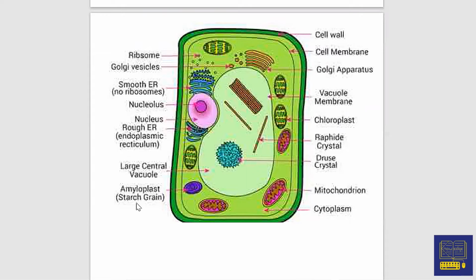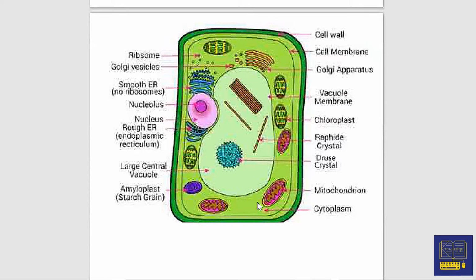Now let's talk about plastids. They are membrane-bound organelles that have their own DNA. They are necessary to store starch and to carry out the process of photosynthesis. They are used in the synthesis of the molecules which form the building blocks of the cell.